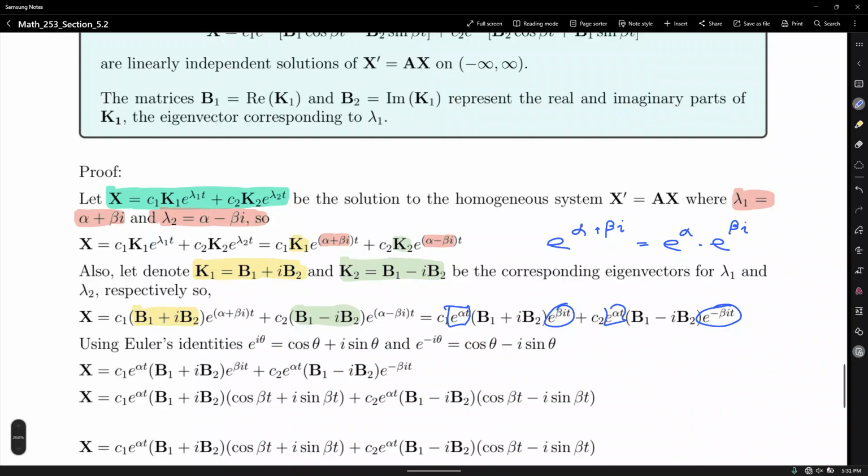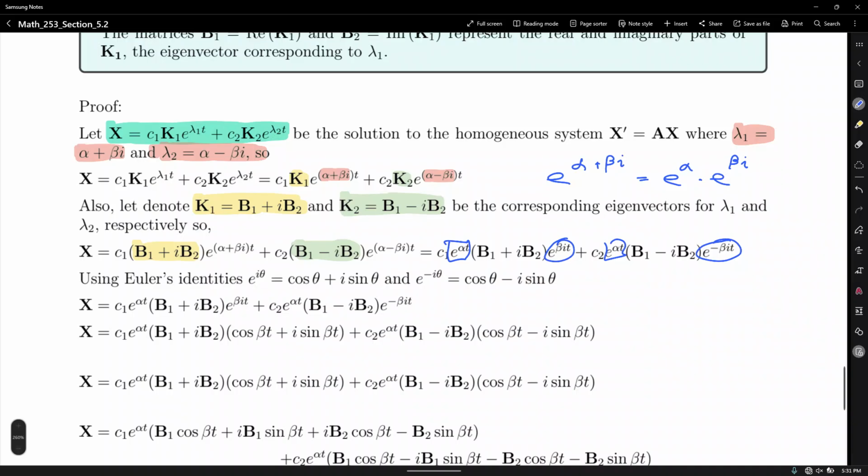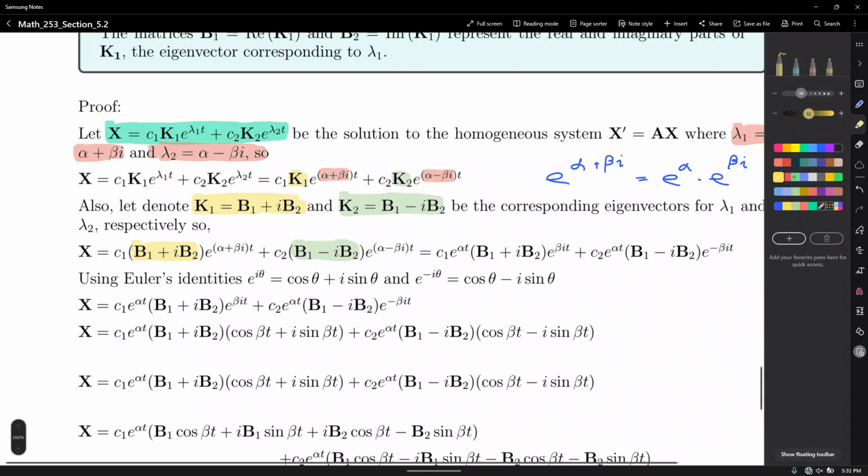So I'm going to use Euler's identity to express e to the imaginary ones. You're using cosine theta plus i sine theta, and e to the negative i theta equals cosine theta minus i sine theta. That's going to make our job a lot easier. Let me use other highlighters here.